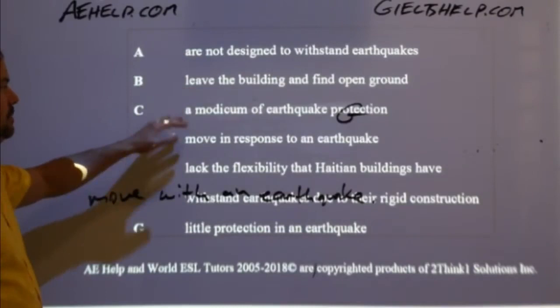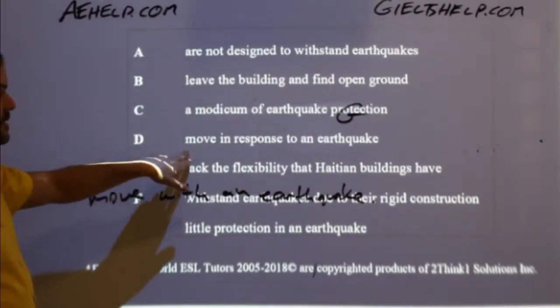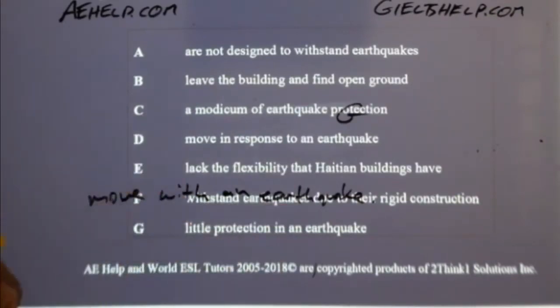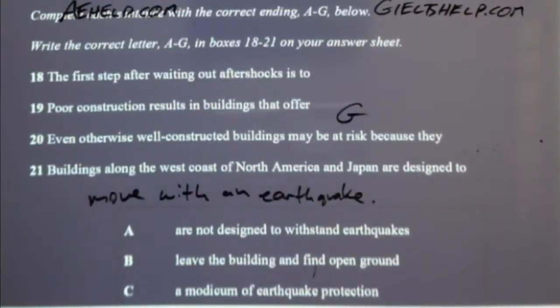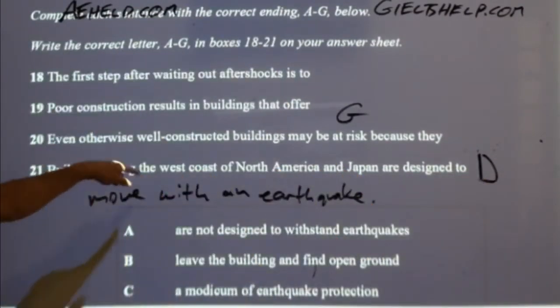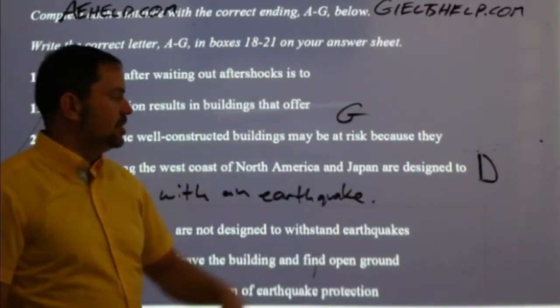I've picked that one. Leave the building. No. Move in response to an earthquake. Oh, move with an earthquake. Move in response to an earthquake. That looks really good. So I read the other ones and I realize that, oh, okay, my answer is D. And then I read it together. Buildings along the west coast of North America and Japan are designed to move in response to an earthquake. Oh, that sounds perfect. So I'll stay with that.